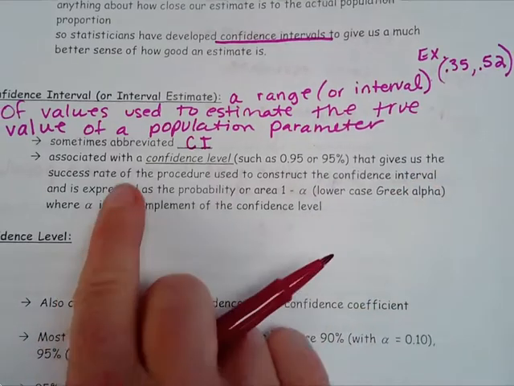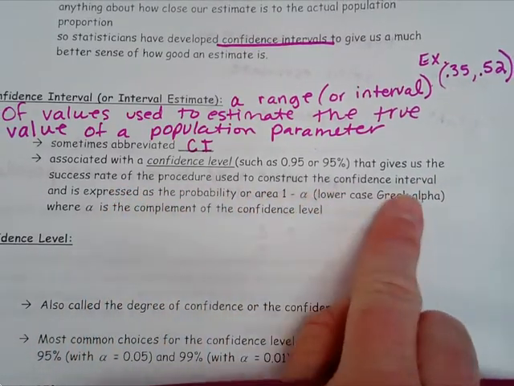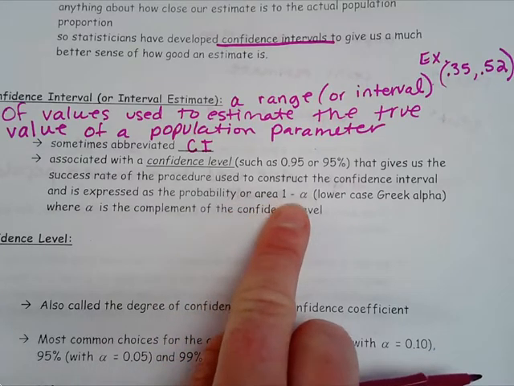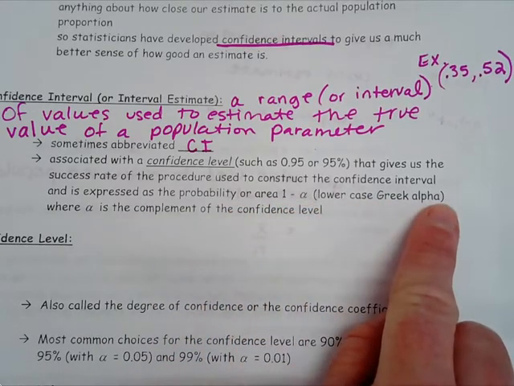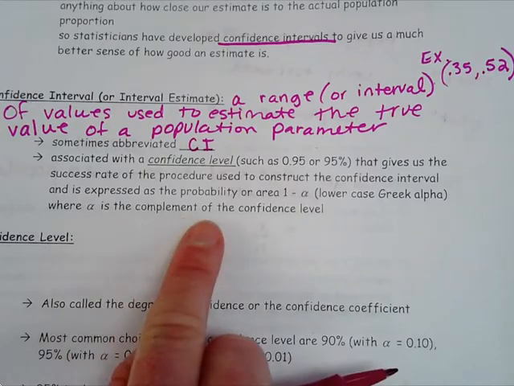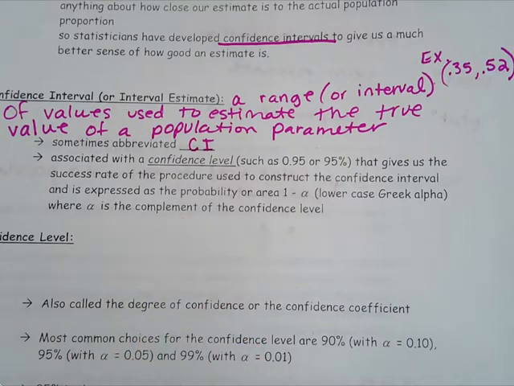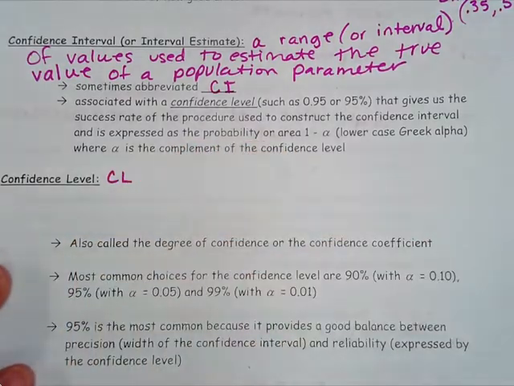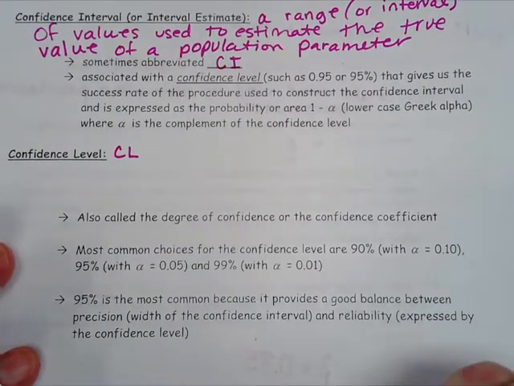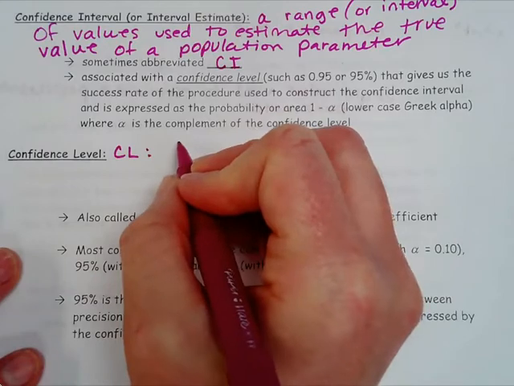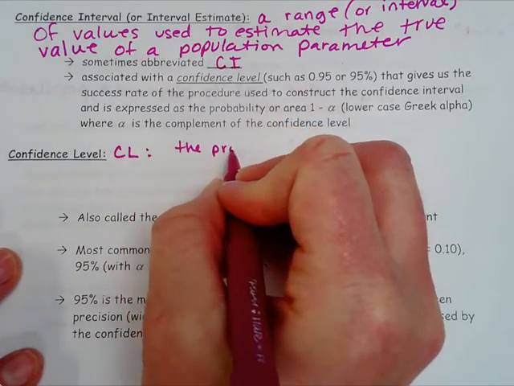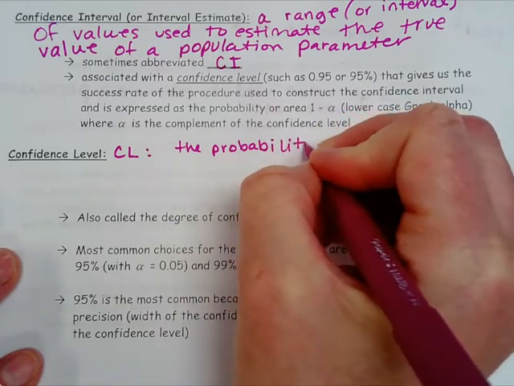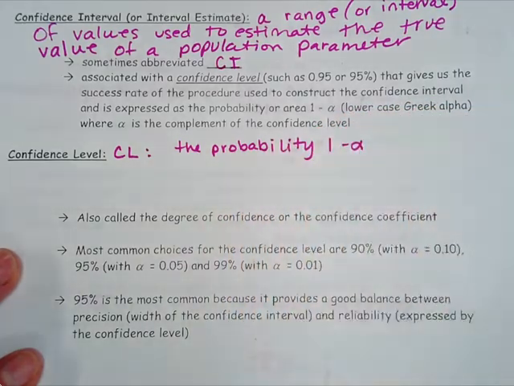So it gives the success rate of the procedure used to construct the confidence interval and is expressed as a probability or an area, 1 minus alpha, lowercase Greek alpha, where alpha is a complement of the confidence interval. Confidence level is going to be CL. This is the probability. Remember, probability and area are directly related. 1 minus alpha.